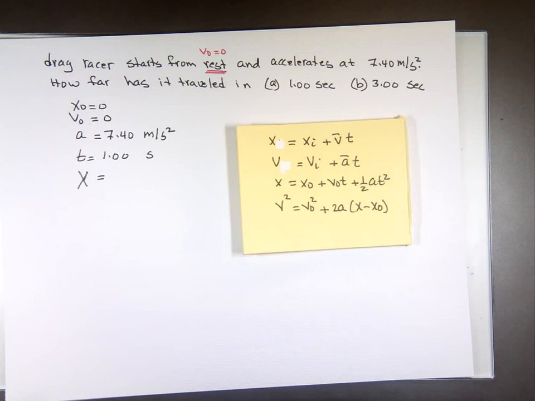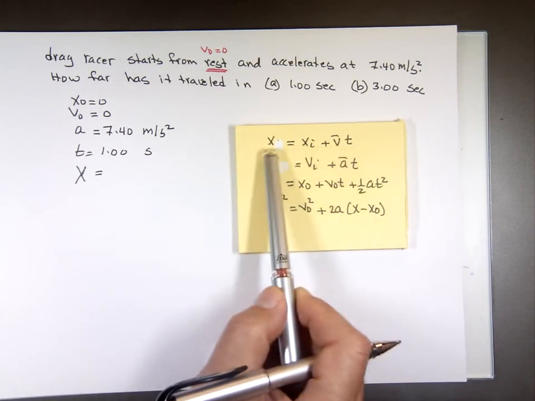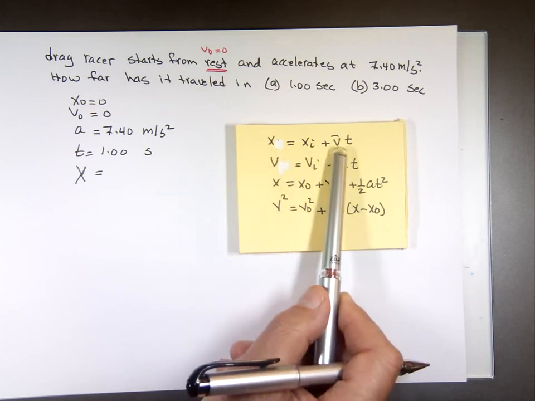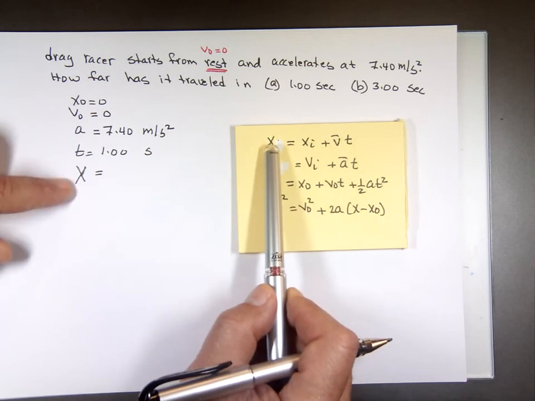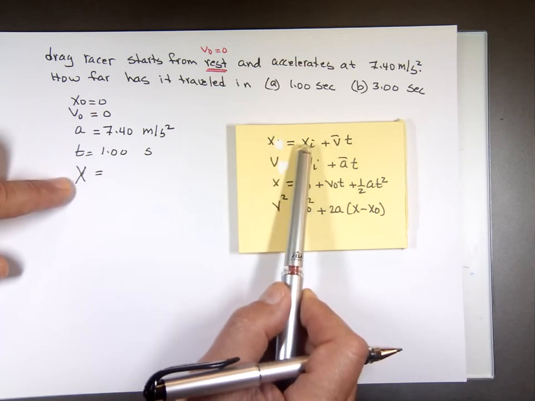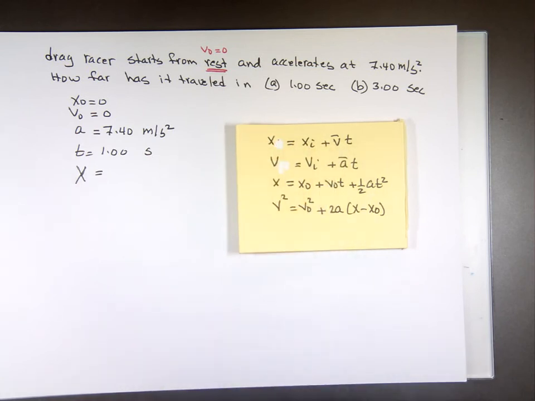Can I use this equation? No, it doesn't have enough information. I don't know this, I'm looking for it. I know this, I don't know this. So 2 unknowns in it. Can't.